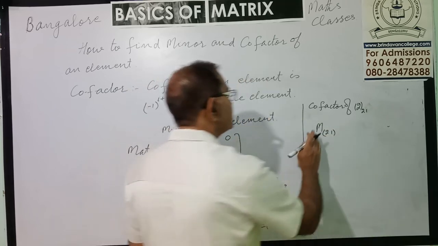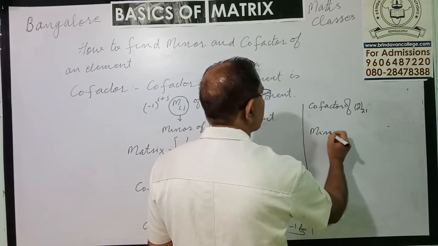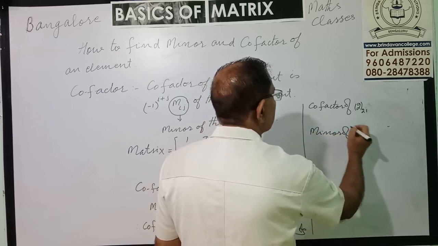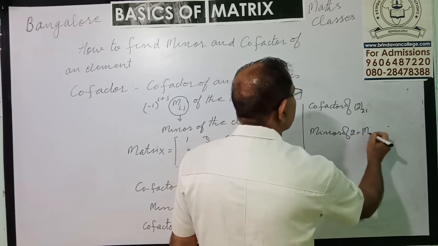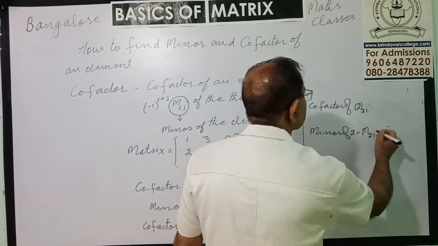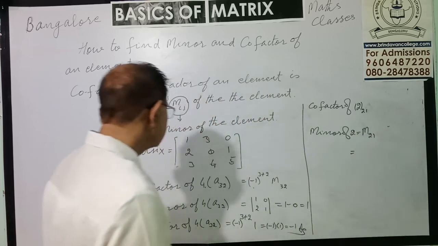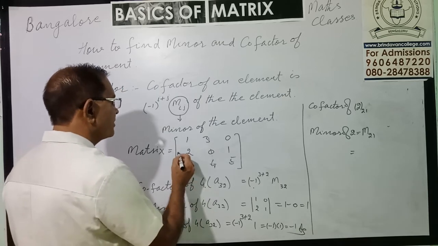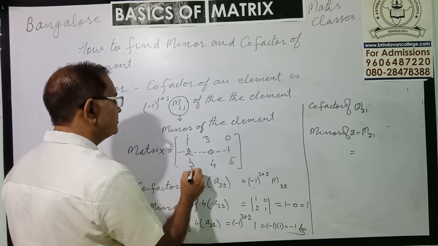Or you can fully write it as the minor of 2, that is M second row first column, equals cut the second row and the first column.